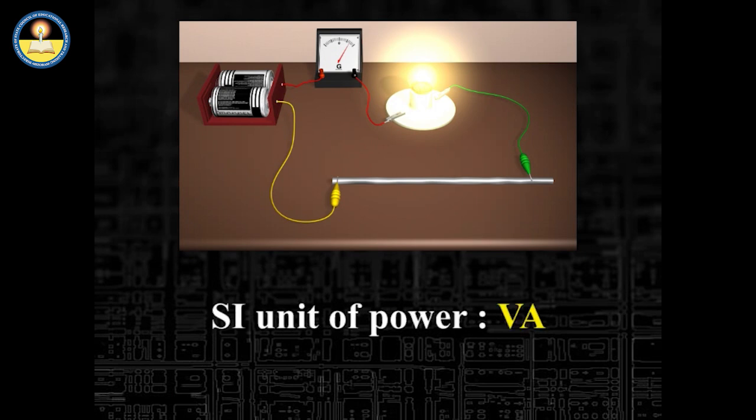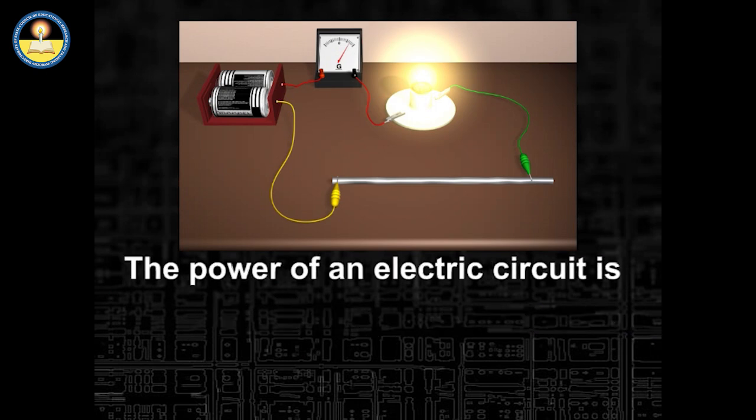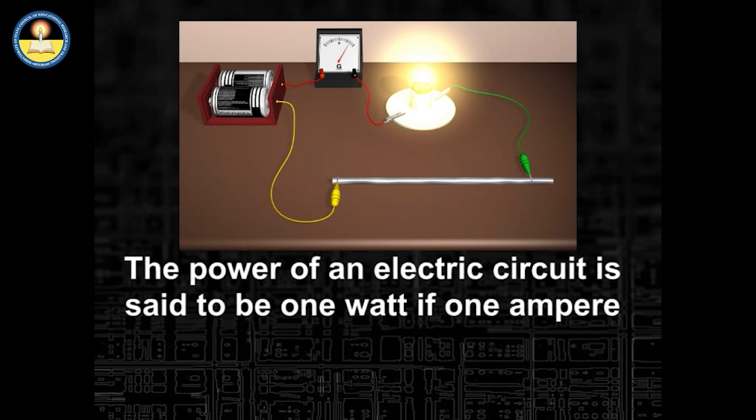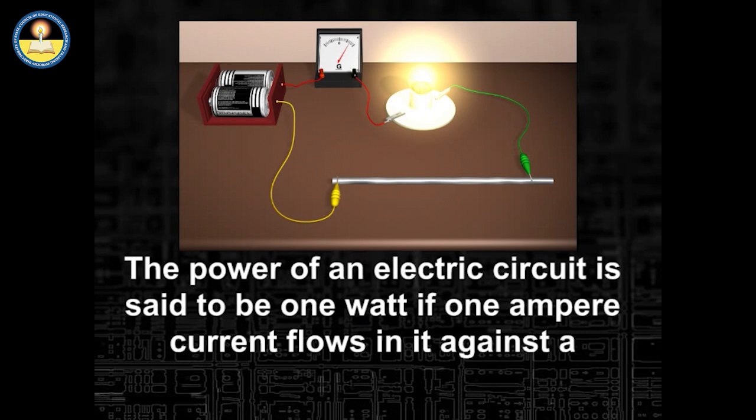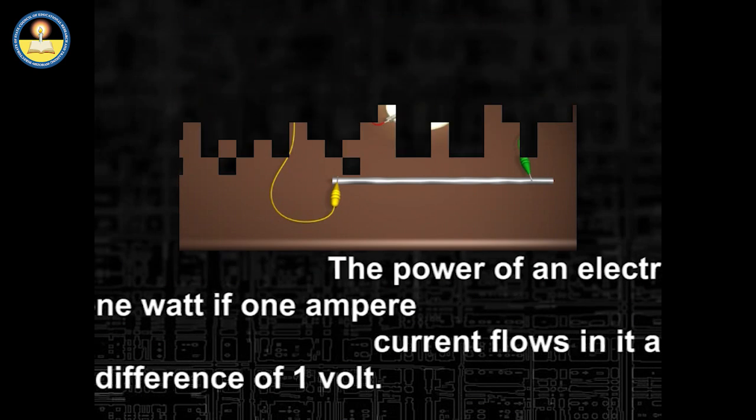Since the SI unit of potential difference is volt and that of electric current is ampere, the SI unit of power also becomes volt ampere. The unit of power, that is watt, can be defined as follows: the power of an electric circuit is said to be 1 watt if 1 ampere current flows in it against a potential difference of 1 volt.